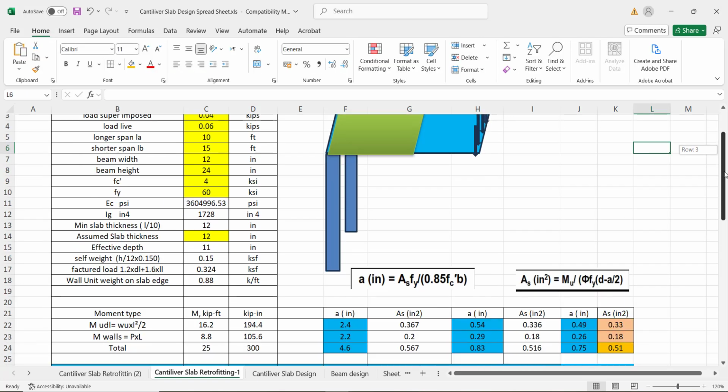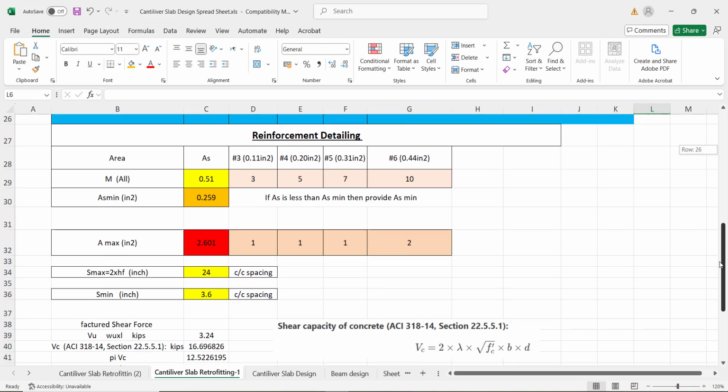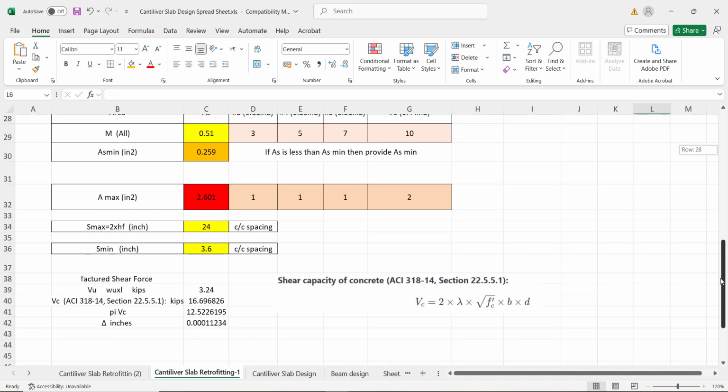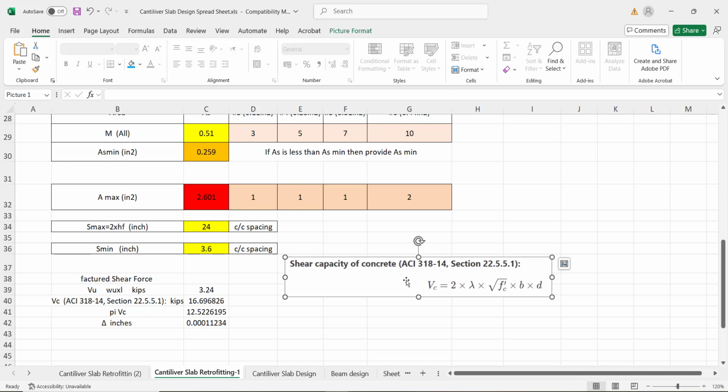Now come to the shear capacity. This is a formula of ACI 318-14 section 22.5.5.1, that concrete shear capacity should be 2 lambda square root of f'c times b times d. We calculate it like this for this section.